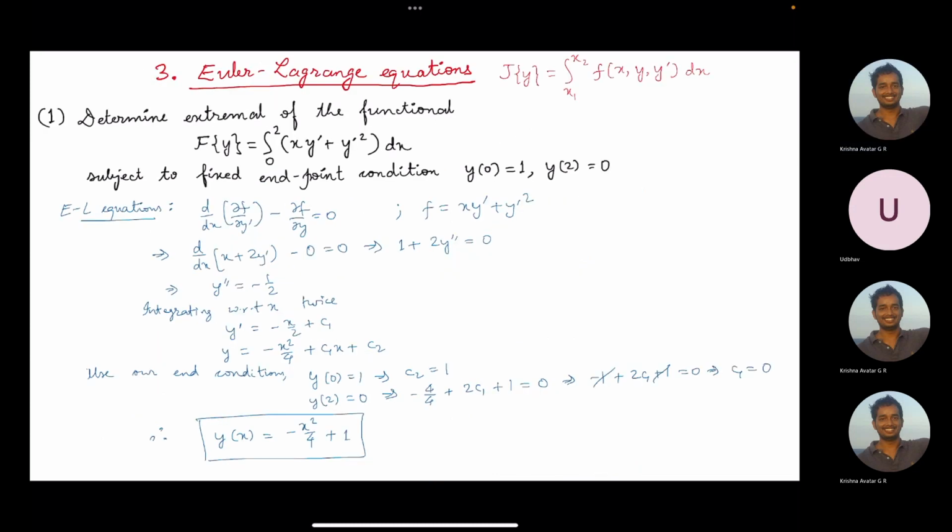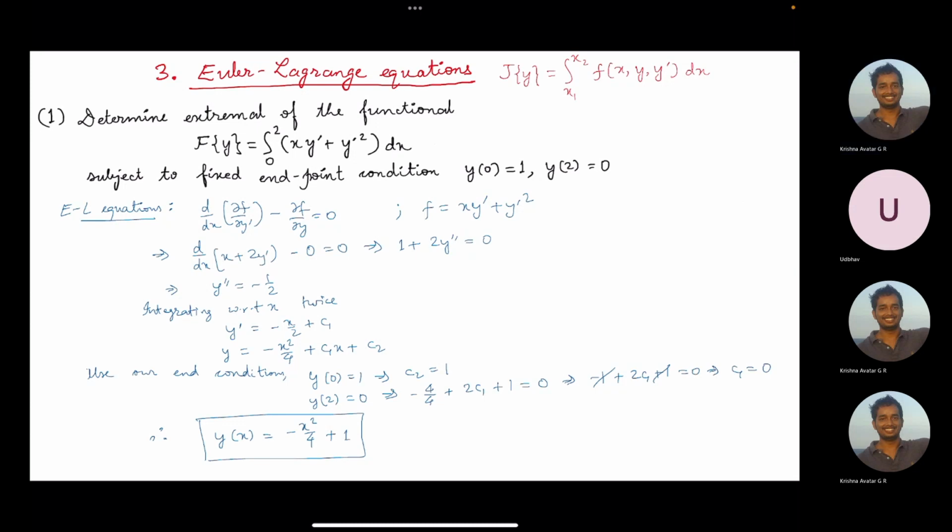Okay. Now let's start solving problems in variational calculus. In this next bunch of problems, we will have our functional in the standard form, for which the integrand is a function of y and the first derivative of y.